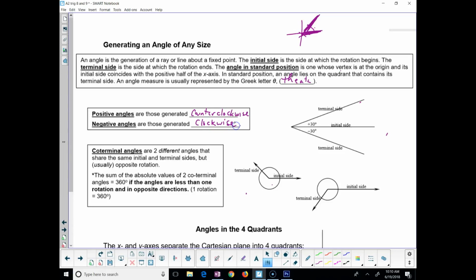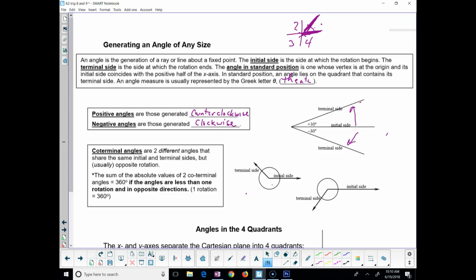Think of how you remember the quadrants, 1, 2, 3, 4. Those went counterclockwise. We're going to need those quadrants later. So we have a positive 30-degree angle over here and a negative 30-degree angle that direction.